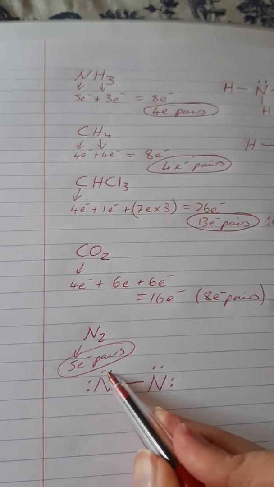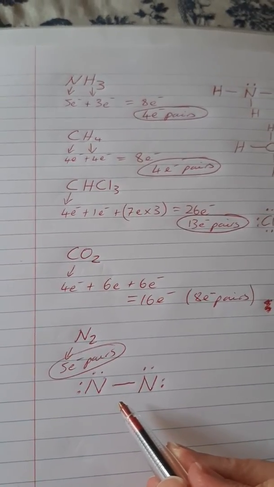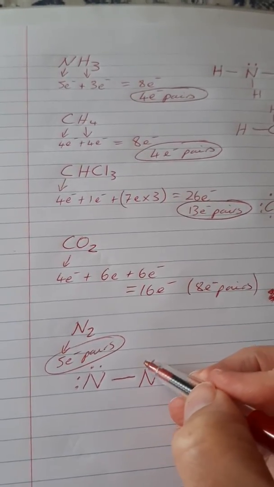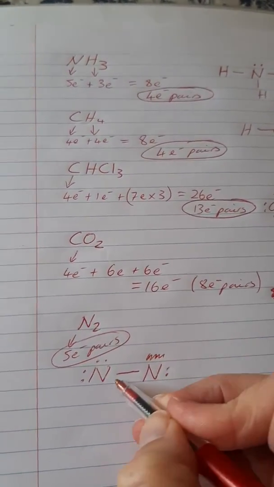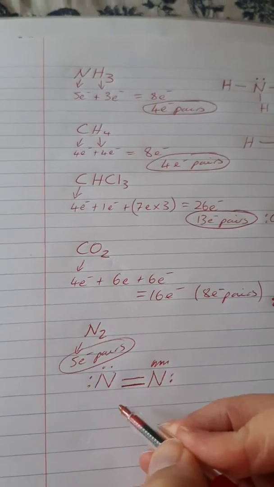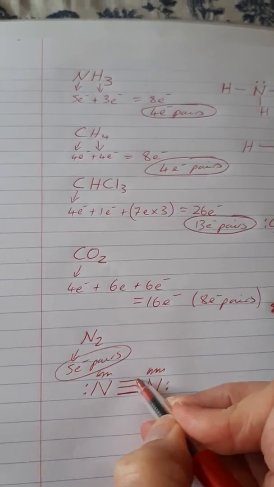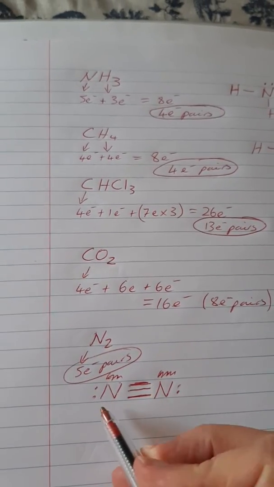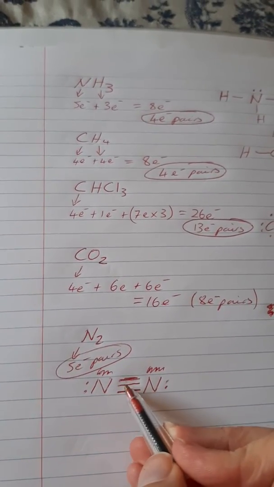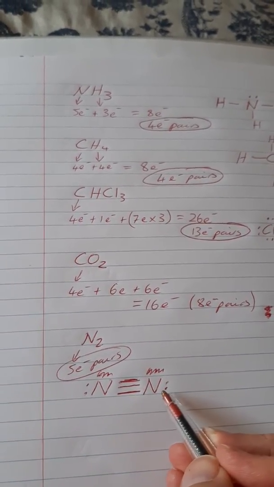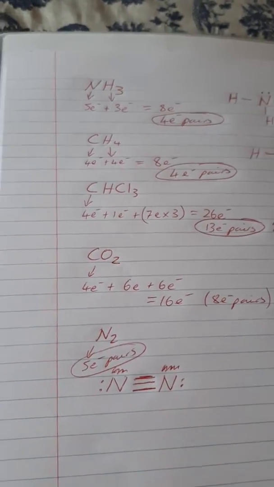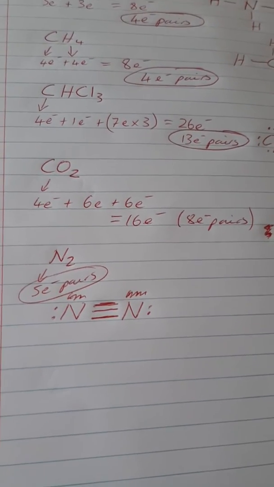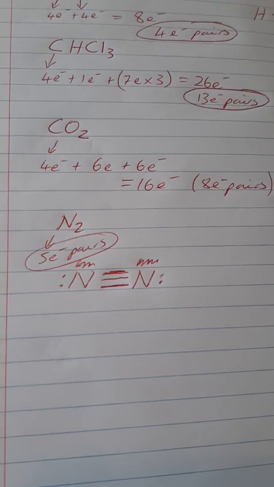Each nitrogen has 1, 2, 3 pairs. Okay, I'm going to move one now. So take that off, put that there, and then I'm going to take that one off, put that there. All right. So this nitrogen has 1, 2, 3, 4. This nitrogen has 1, 2, 3, 4. They both now have full outer shells of electrons.